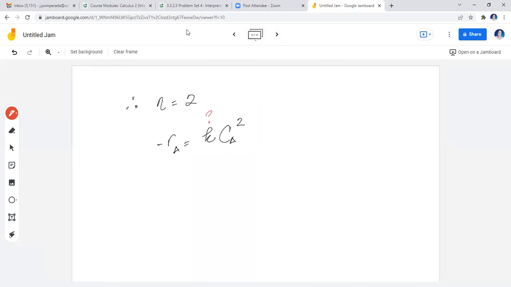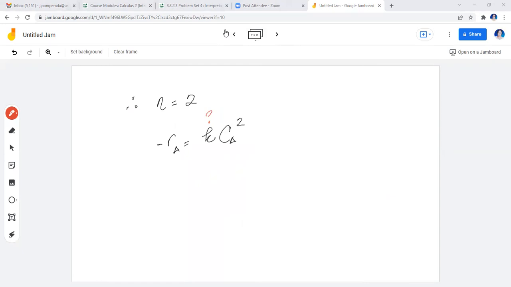What will you do if I'm going to ask you? What will you do, Fritz, to find k? Fritz, are you there? Okay, somebody wrote 1 times 10 raised to negative 5.